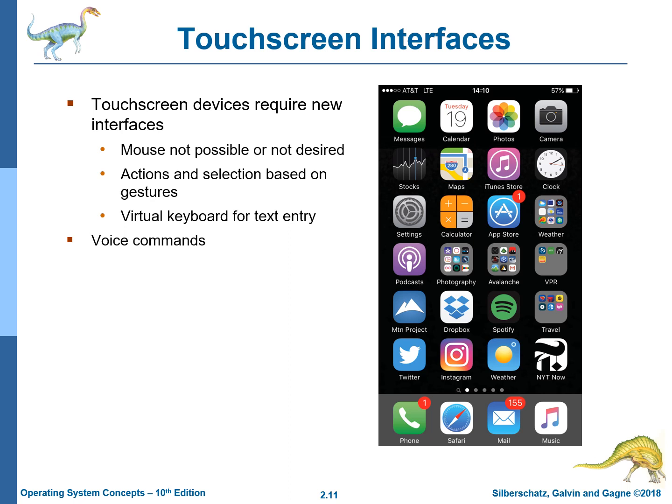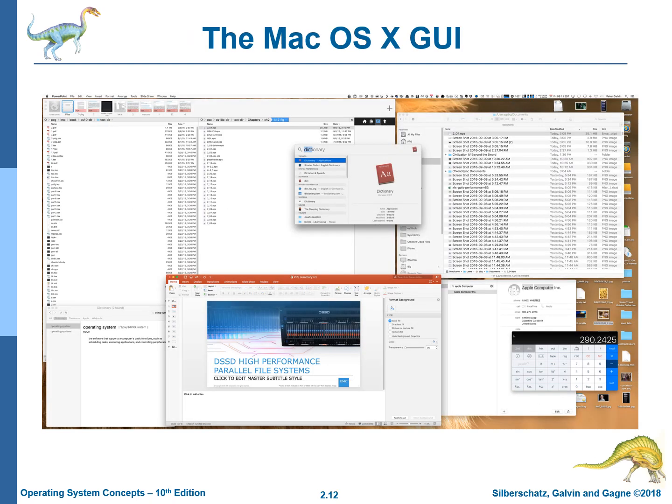Touch screen devices require new interfaces. A mouse is not possible or not desired. Actions and selection are based on gestures, and a virtual keyboard is used for text entry. It also has voice commands. This is the Mac OS X GUI.